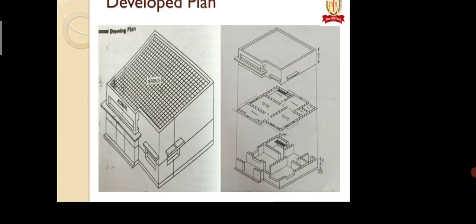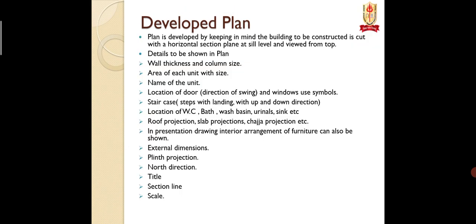Okay, the details to be shown in the plan are the wall thickness and the column size, the area of each unit with size, the name of the unit, the location of the doors and windows, the staircase, the location of WC, bath, wash basin, urinals, sinks, etc., roof projection, slab projection, chajja projections.